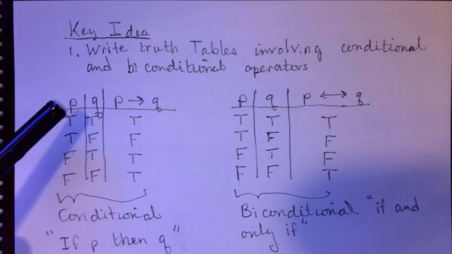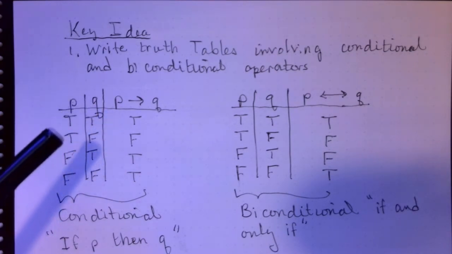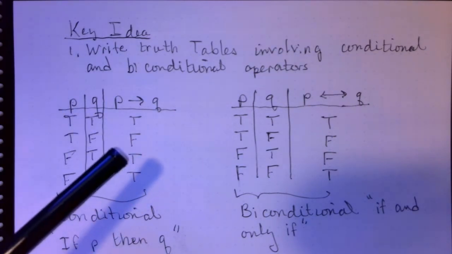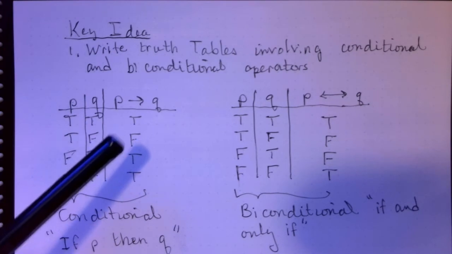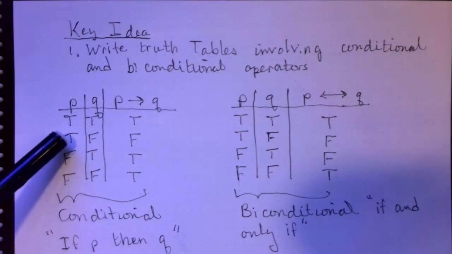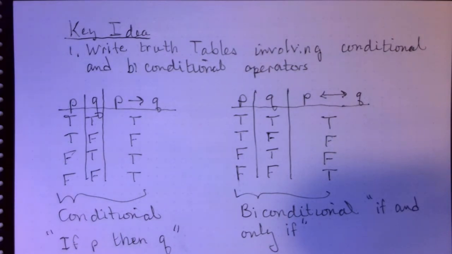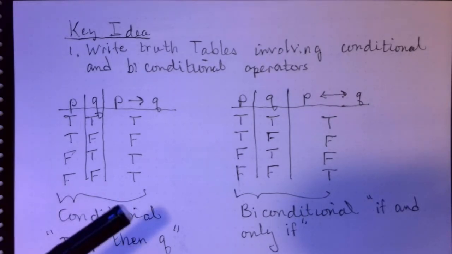If they're both true, your conditional is true. In fact, the only time the conditional is false is when the antecedent is true, but the consequent is false. That's your conditional, and it's usually written in words if P then Q, where P and Q are whatever statements we're working on at the time.